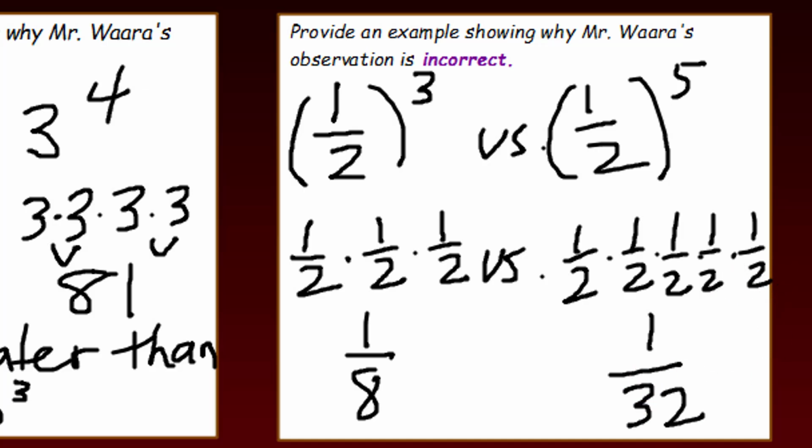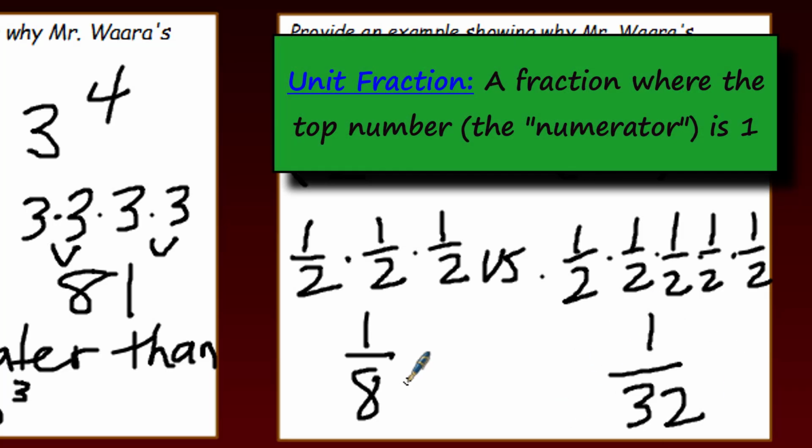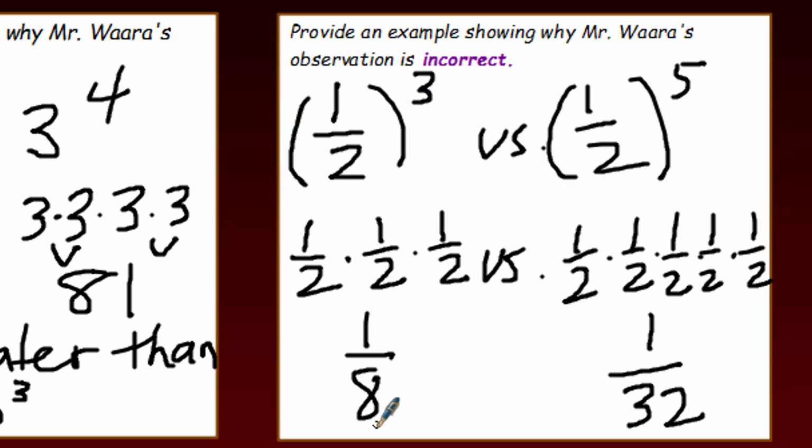Now, when you look at these two, you can see what happened. If you have unit fractions, and a unit fraction is a fraction that has a numerator of 1, then we can look at the denominators and compare them. 8 is clearly smaller than the number 32 if they were whole numbers. But as denominators, eighths are larger than 1/32.